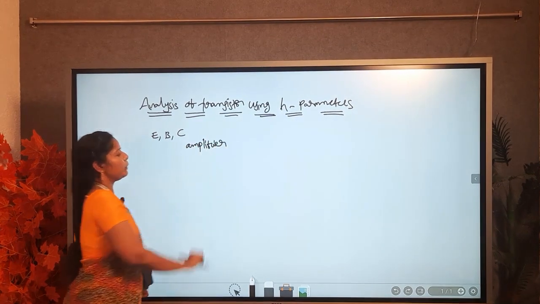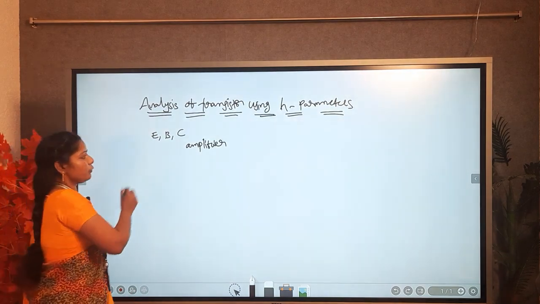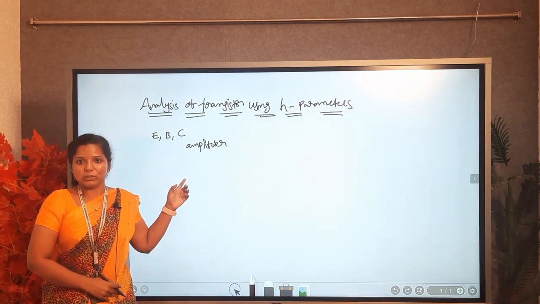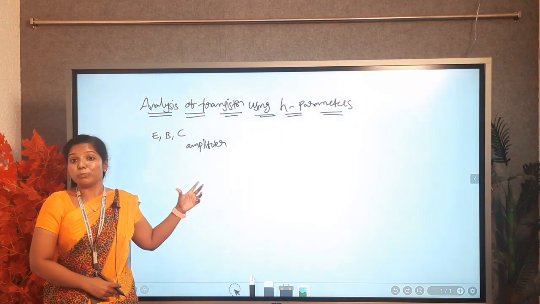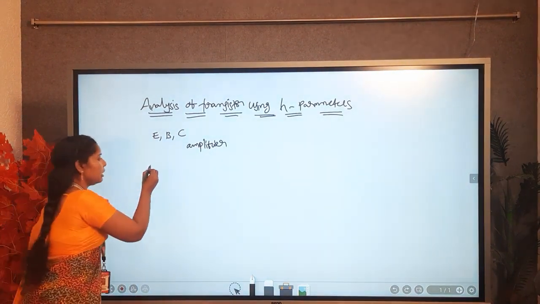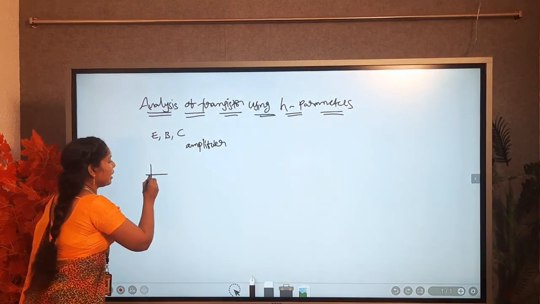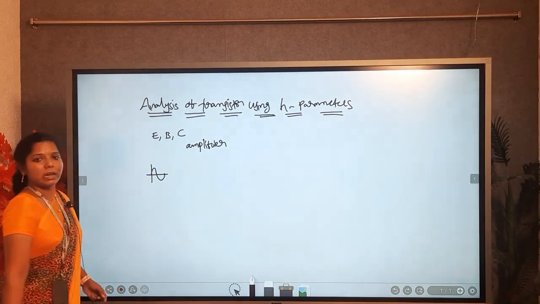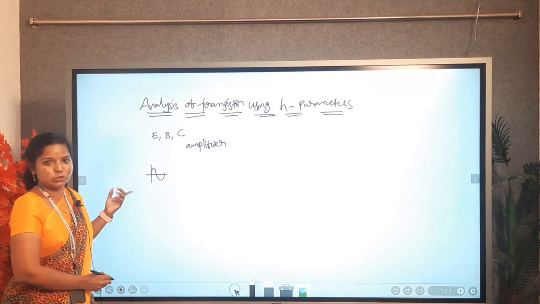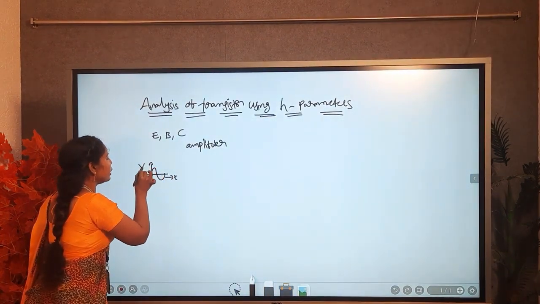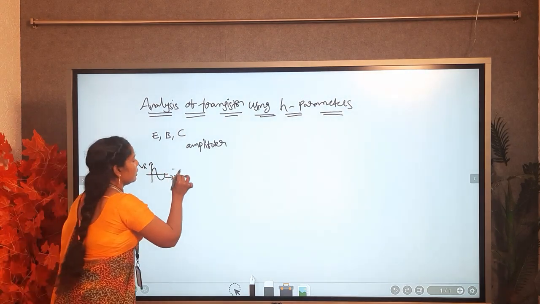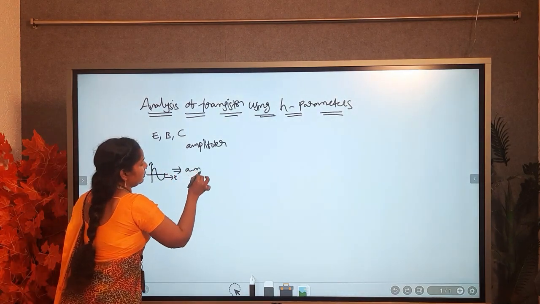What do you mean by the amplifier? An amplifier is a circuit which is used to increase the strength of a weak input AC signal. That means you are giving a sinusoidal AC signal as input. AC signal means sinusoidal signal. You are giving a weak input signal to the amplifier.